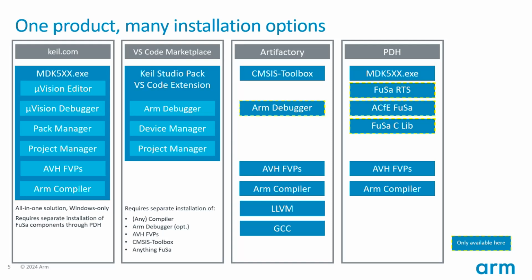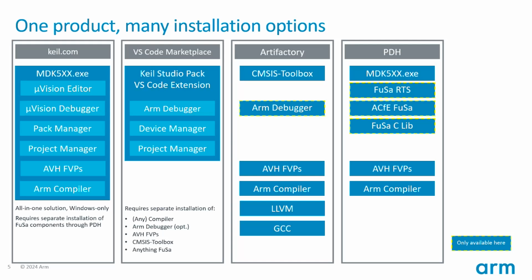And now with the new Keil Studio IDE, we have now switched to Visual Studio Code, Microsoft Visual Studio Code, as the basis for our IDE. And there's only one extension that you need to install. This is called the Keil Studio Pack extension, because it's a set of extensions.